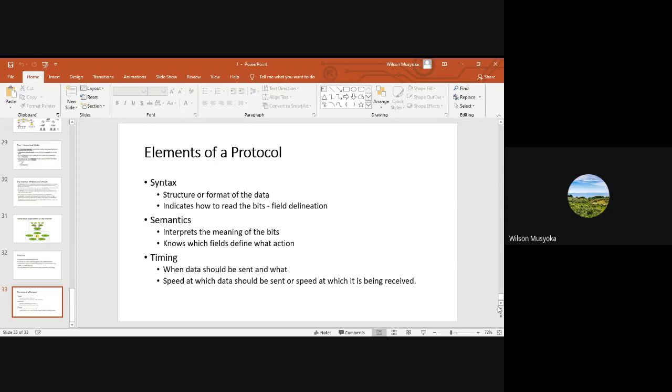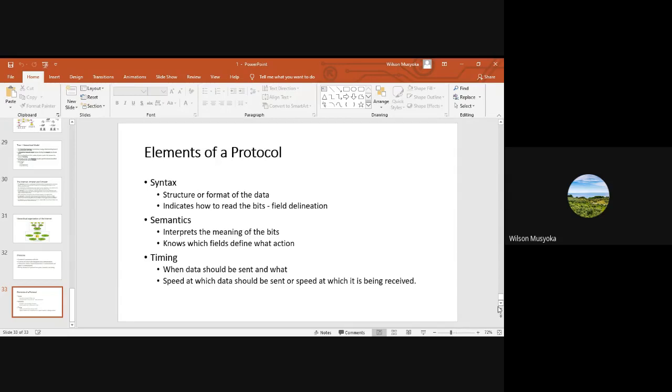Then there is the aspect of timing: when data should be sent, the speed at which data should be sent, or the speed at which data should be received. This is important because some devices in the network are not transmitting at the same speed, or networks do not transmit at the same speed.